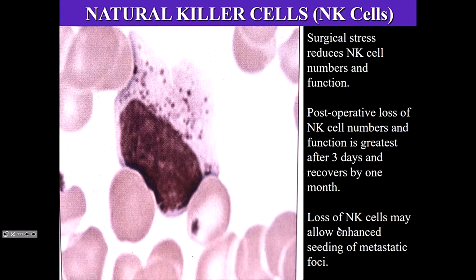So that first month after surgery is a kind of period of risk, if you like, where the immune system is suppressed, particularly in regard to natural killer cells. So that's good to know.